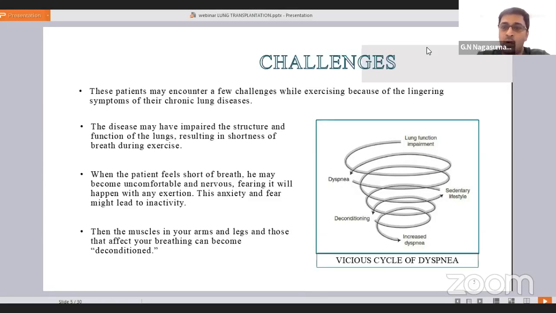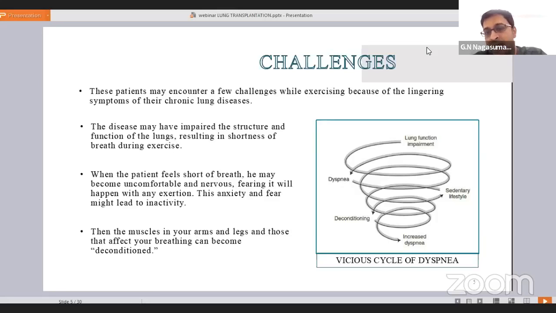In any lung disease, there will be lots of impairment of lung function. When there is an impairment of lung function, the patient will tend to have lots of musculoskeletal compromise. In case of musculoskeletal compromise, the patient tends to limit his function.